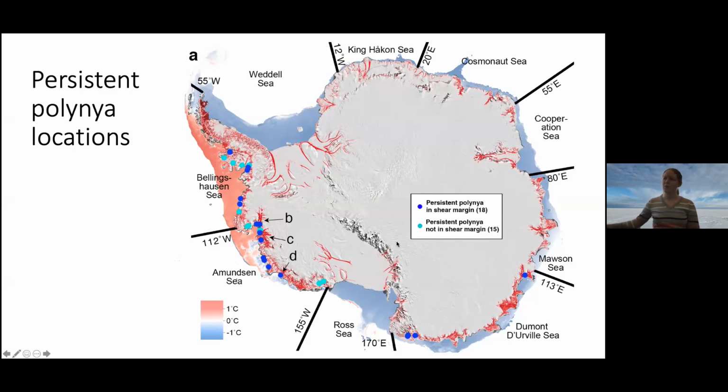But what we found is 33 of these, and of those 33, 18 form in shear margins. So our observations of channels in general, and certainly our observations of where we find these persistent polynyas, seem to indicate that we have more channels in shear margins than you would expect just based on an area average of where you might get these channels.